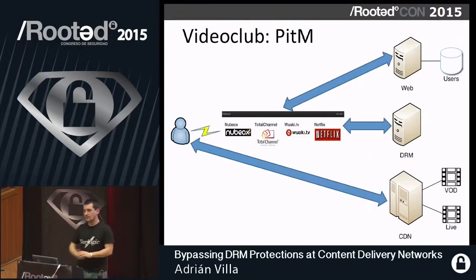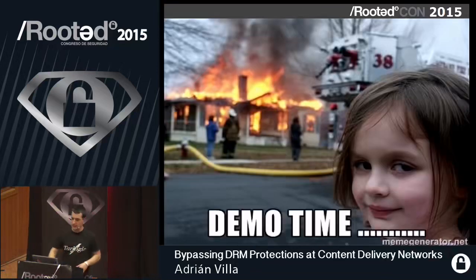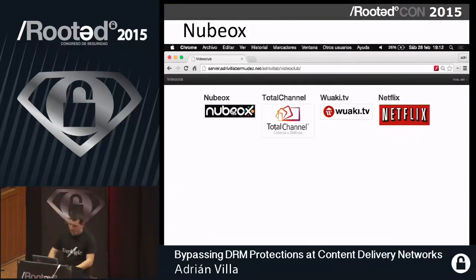So instead of having the client connect himself to the Nubeox cloud, we want the client to connect to our video club. We will deliver whatever he needs, and he will consume whatever he wants for free. So as I say, we didn't do it for profit, okay? This is just a proof of concept. Now, demo time.